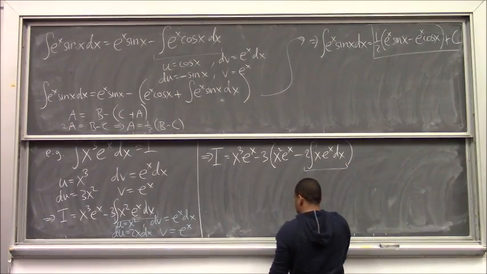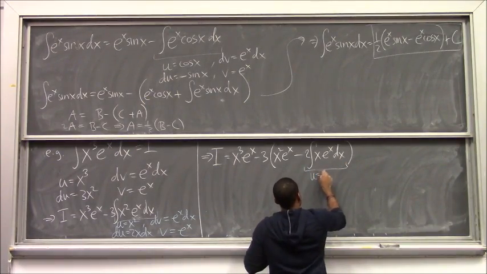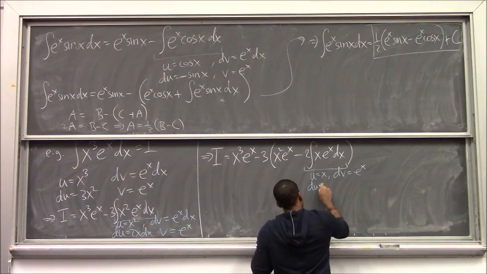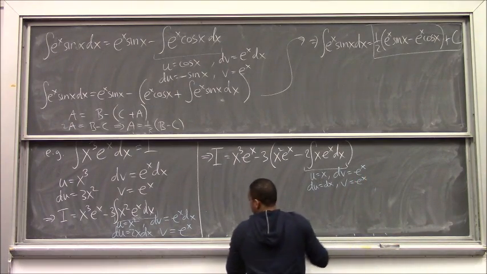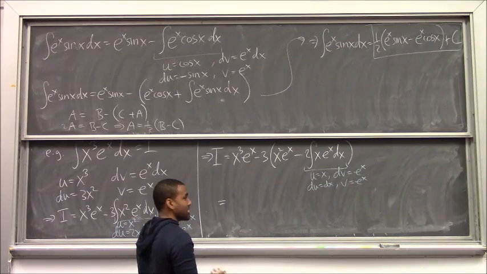Okay, so you're going to go here again. u equals x, dv equals e to the x, du equals dx, v equals e to the x. And at this point, if you're one of those people who always forget your parentheses and stuff, it's starting to get serious at this point.